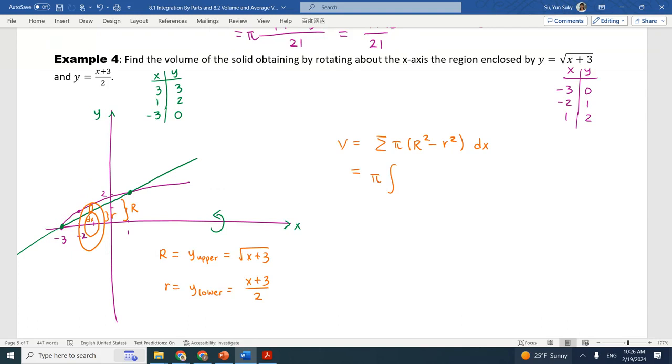X goes from where to where? Yes, very good, minus 3 to 1. Big R is the square root of x plus 3, squared, minus the small r, x plus 3 divided by 2, and then this whole thing squared.